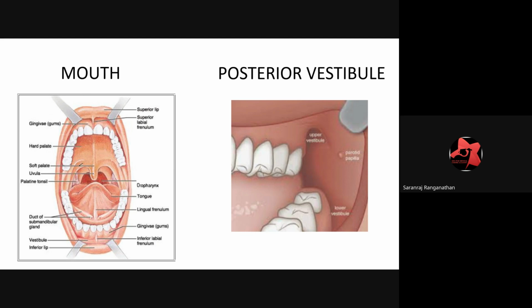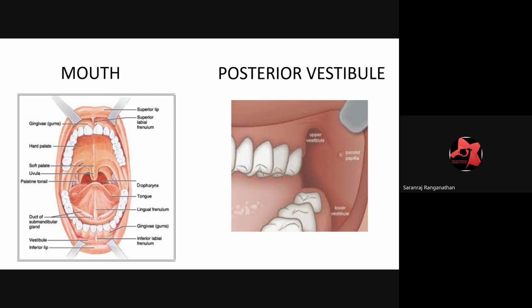Okay. Then next, coming to the mouth. So for the mouth, the anatomical parts involved are given in this image. First, the gingivae, which means gums. The scientific name is gingivae; we used to call it gums. Then this is the superior lip, meaning the upper side of the lip. Then the labial frenulum will be there.